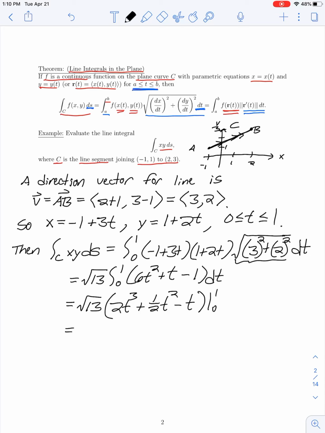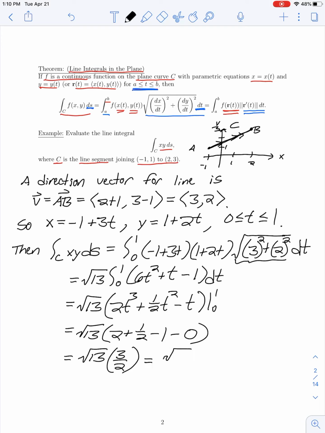So let's see what we have. Here we have the square root of 13 times 2 plus 1/2 minus 1, minus, when we plug in 0 for t, we have 0. So we are left with the square root of 13 times 3/2, or if we want to simplify a little bit, square root of 13 times 3 over 2.